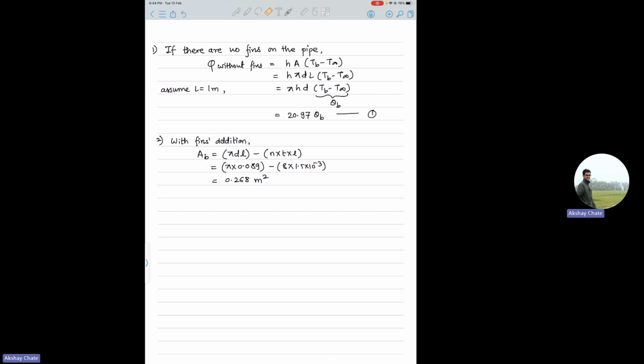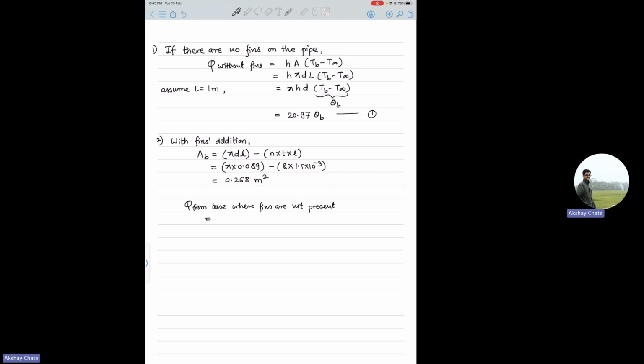So we can calculate heat from base, I mean, you understand my point, right? Without having Q from base where fins are not present.